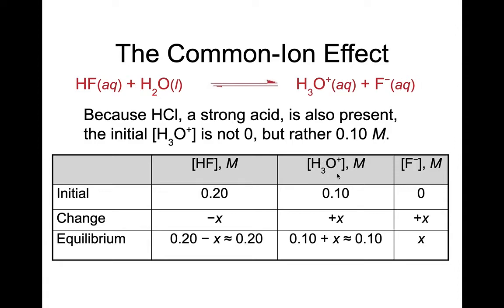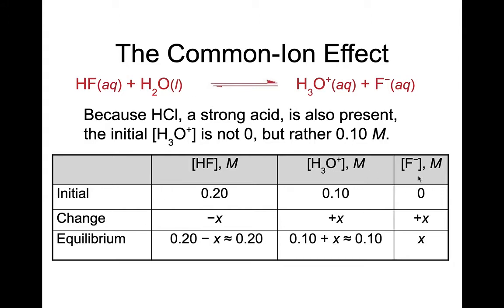We know our initial concentration of hydronium ion is not 0 because we've already added some from the hydrochloric acid. The initial concentration of hydronium ion is equal to the amount of hydrochloric acid added because the hydrochloric acid dissociates completely, and so we already have an initial concentration of this part of the products.